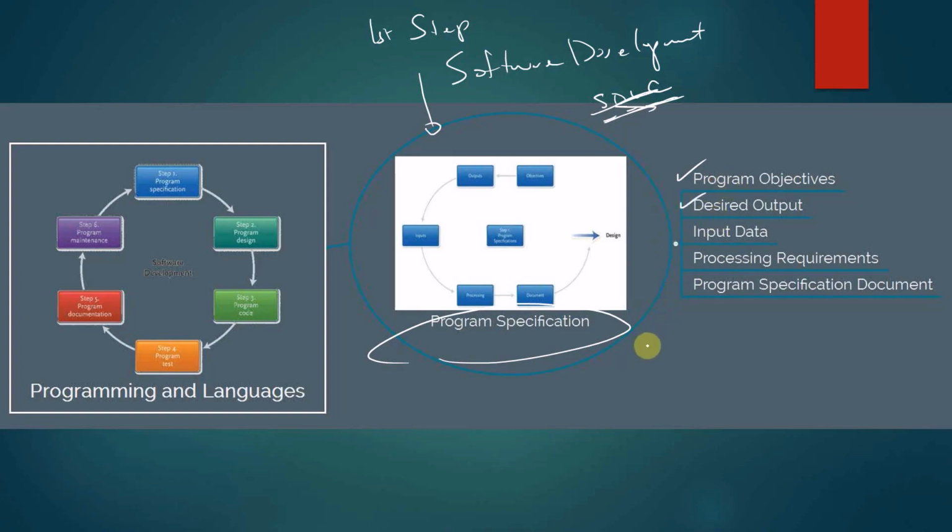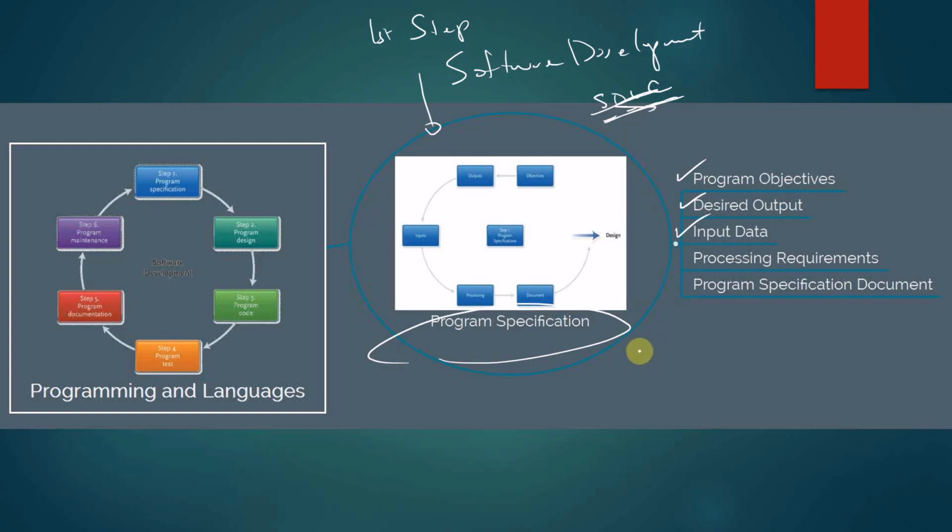In the program specification stage, we also determine the desired outputs. In other words, what is it that we're going to get out from the computer system? The next step is input data.